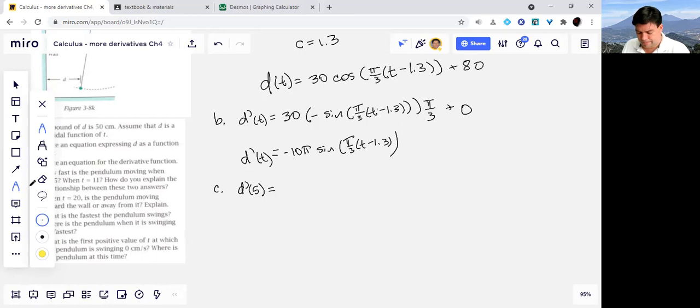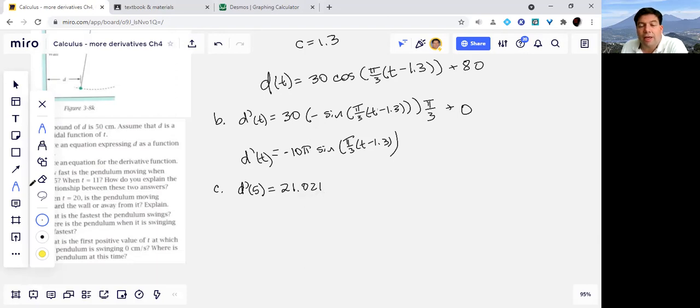I get negative 10 pi sine of pi over 3 times 5 minus 1.3. Right, I get 21.021. And there are more decimals, so I'm accurate to 3 decimal places.